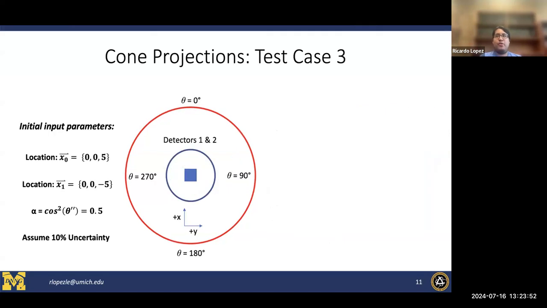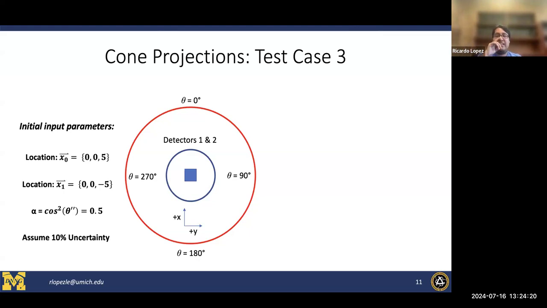Now, for a less intuitive test case, we still have two detectors, except they're stacked on top of one another, which is why you're only seeing the one cube. However, the two scatter locations are basically just happening along a line, in this case along the z-axis, but everything else holds true.